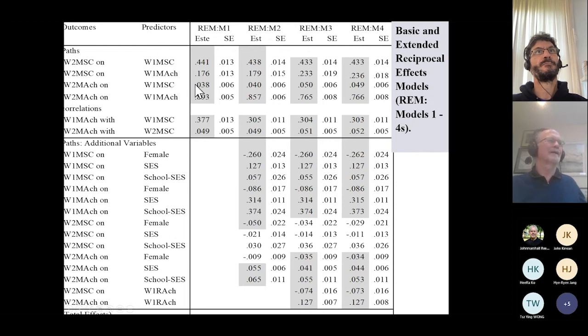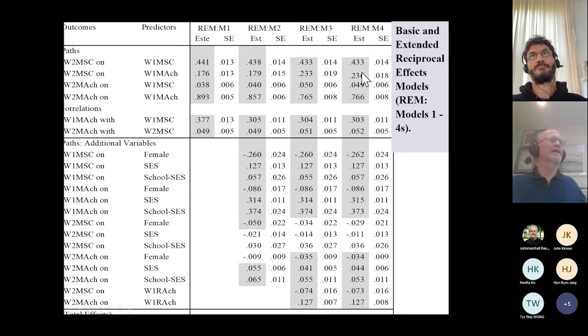And it's interesting that the effects of math self-concept are fairly small, but it wouldn't be surprising given how huge the effect of time one achievement is. Time one achievement correlates 0.9 with time two achievement, so there's not a lot of room for any other predictors to get in.